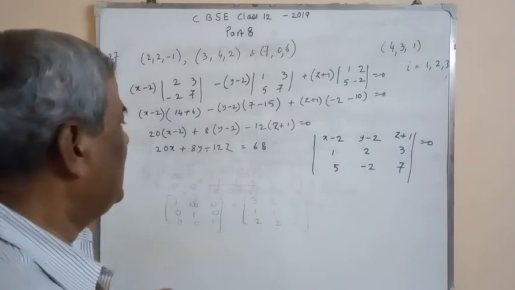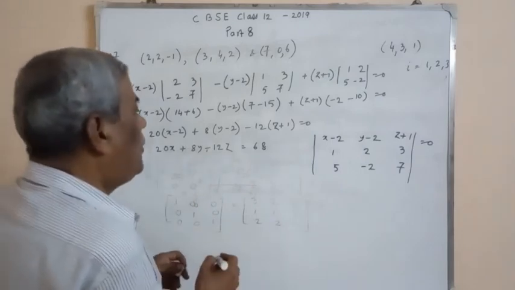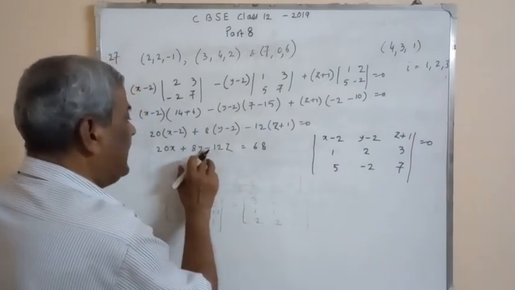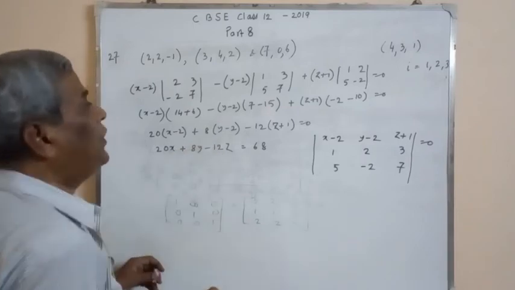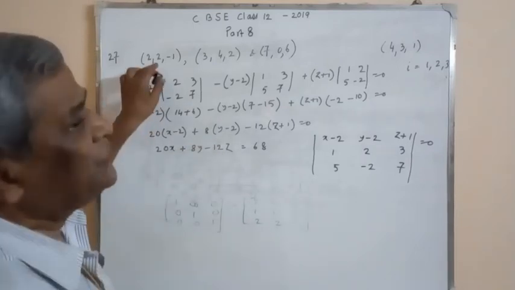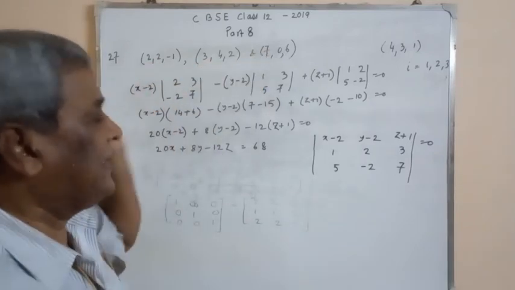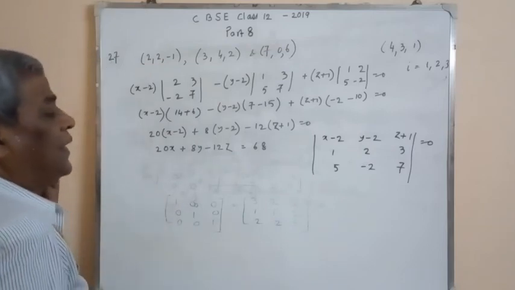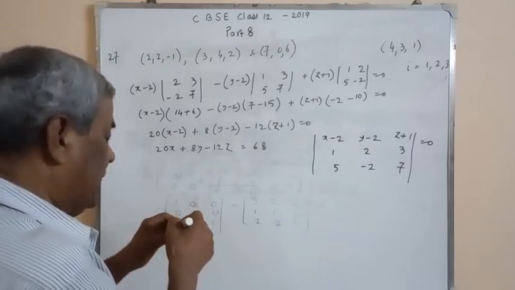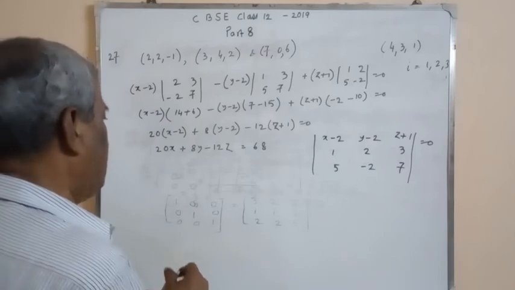So this is the Cartesian equation of the required plane passing through this, this and that. Now next we have to find its vector equation.